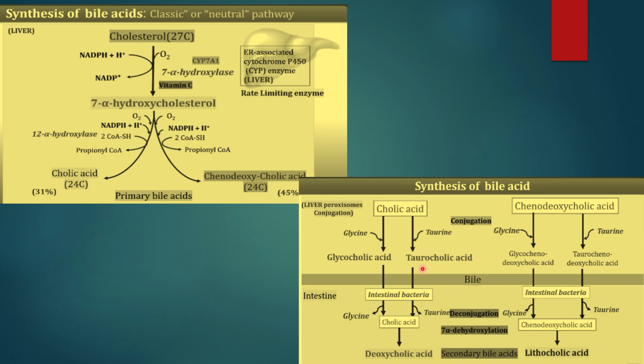Via the intestinal bacteria, they are finally converted into deoxycholic acid, as glycine and taurine are released. So this is a secondary bile salt. Similarly, chenodeoxycholic acid undergoes the same steps and is finally converted into lithocholic acid.